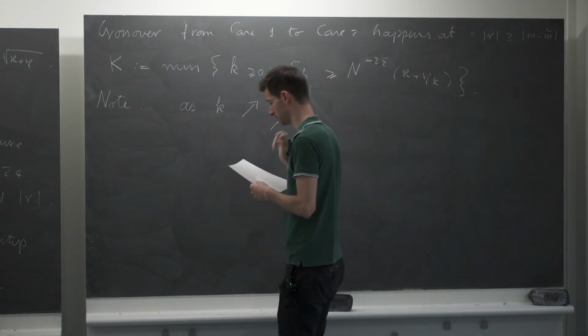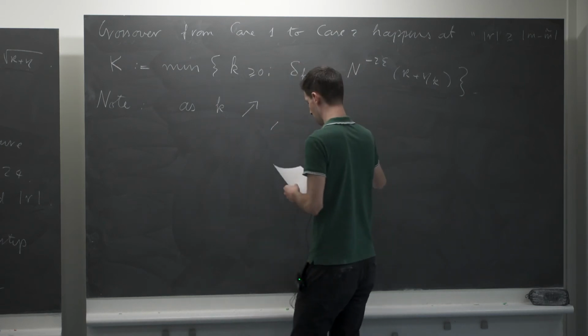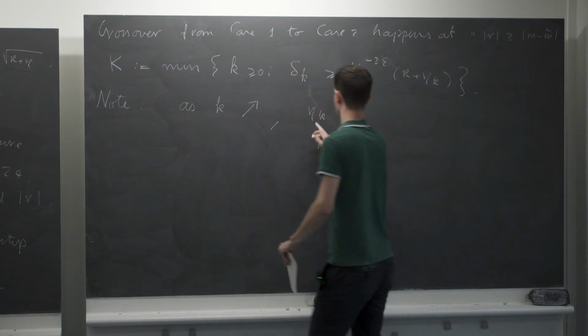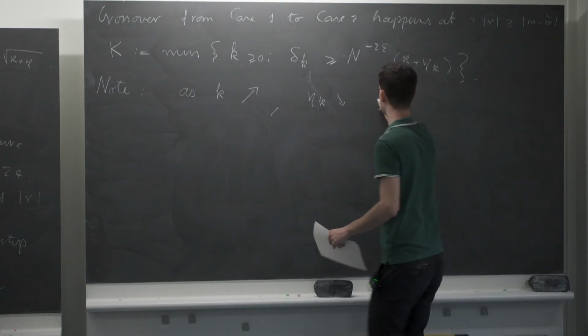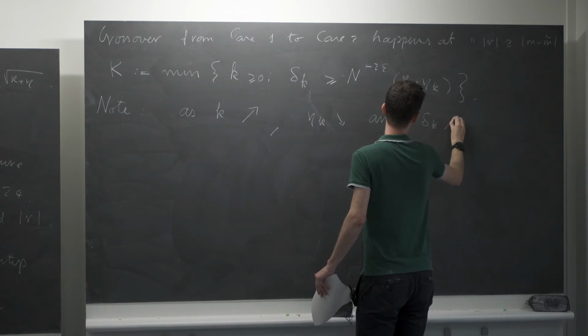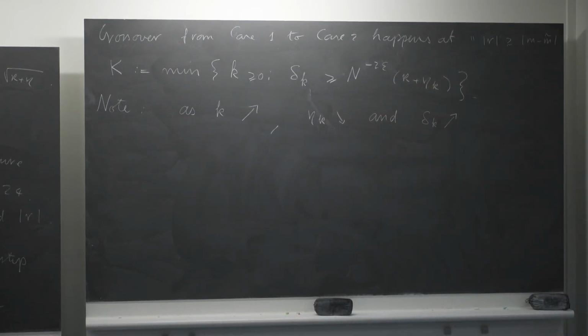This is a simple monotonicity argument, which can be seen as follows. As k increases, what happens to eta? Well, eta k decreases, by definition. And therefore, delta k increases, since delta was a decreasing function of eta.